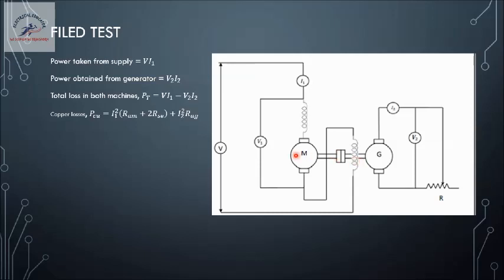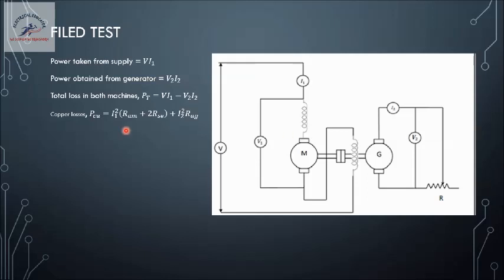Since both the machines are identical, the series field resistance of both machines is the same. So that is why it is taken as 2 times RSC. That is, motor field plus generator field is equal to 2 times RSC, because both are equal, plus RAM, the motor armature resistance. So three values in series become the effective resistance of this circuit, multiplied by current square.